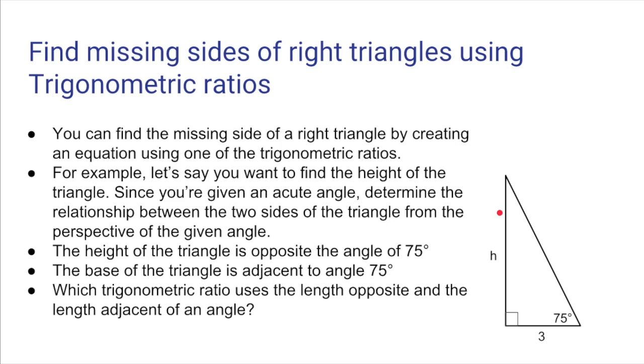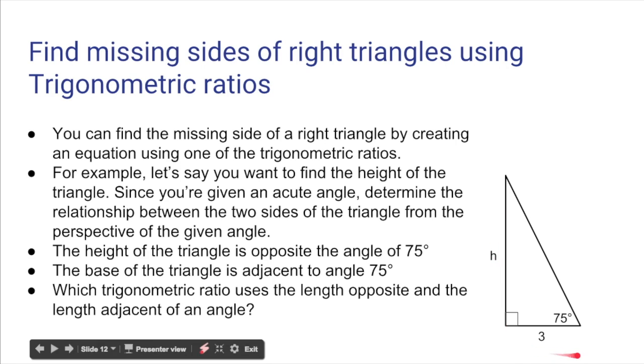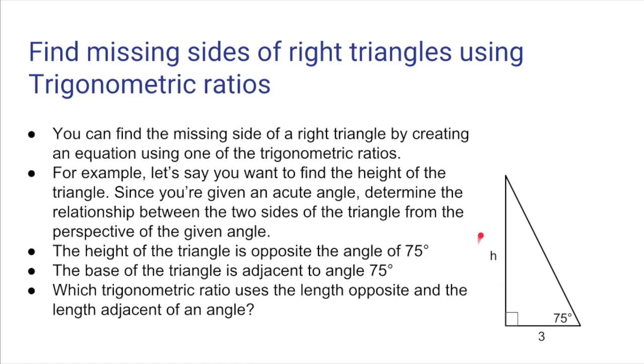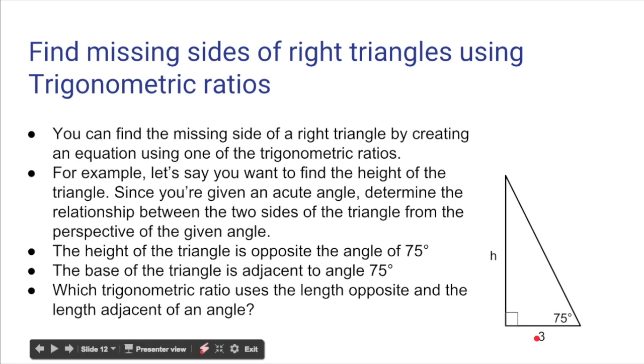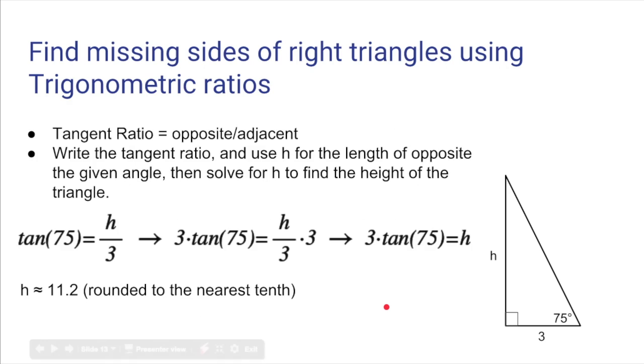Well, the first thing you want to do is figure out the relationship between this side and this side to the given angle. You should know that H is the opposite side of angle 75, and 3 is the adjacent side to 75 degrees. So which trigonometric ratio uses the length opposite and the length adjacent of an angle? Well, you know that's the tangent ratio.